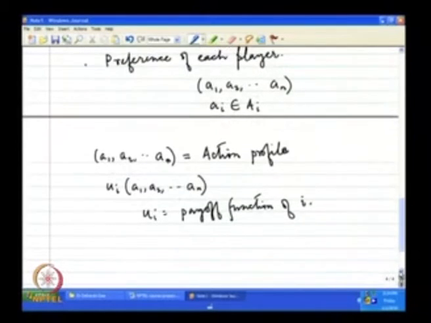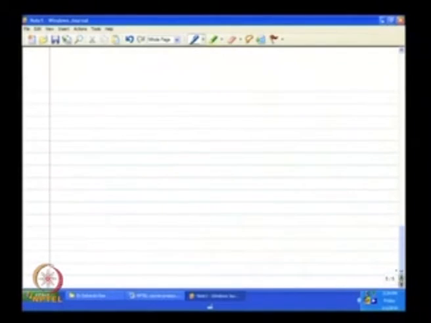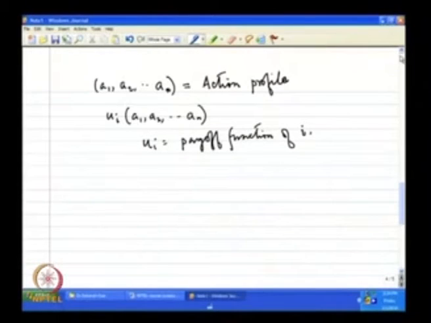For example, let me give you an example so that it becomes clear. Suppose there are two players. Let us not take A and B, because A stands for action. Let us take the players to be 1 and 2.